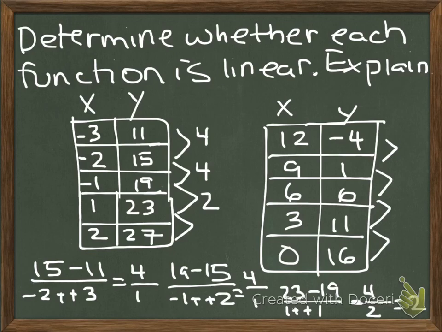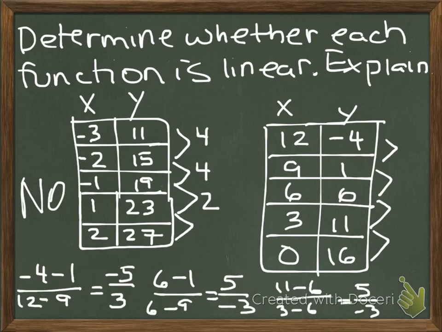Then I did it one more time, negative 1, 19 and 1, 23, and I got my slope of 2. So since I've gotten a different slope now, I can actually stop and say that this is not linear. So I'm going to try again with the next set of numbers to see whether I get the same slope for all of those.